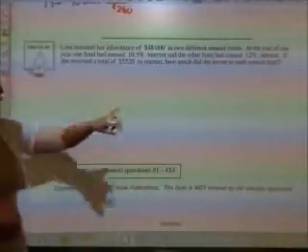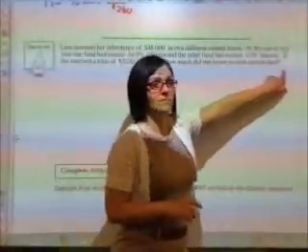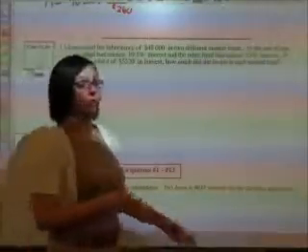So how do I set this up? What are my unknowns? What don't I know? Or in other words, what do I need to find out? How much she invested into each fund. So she has 2 mutual funds.